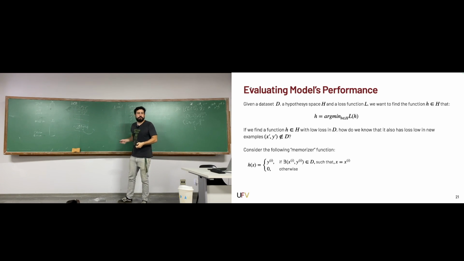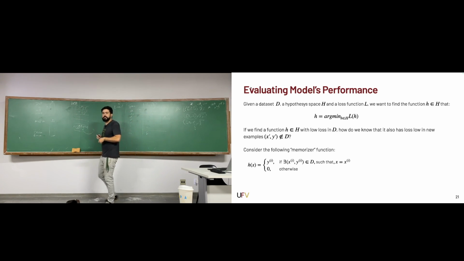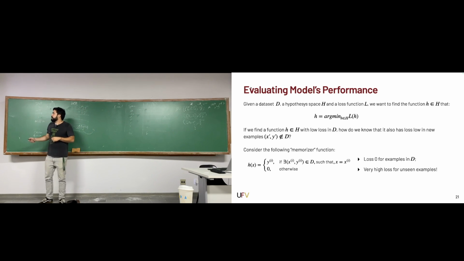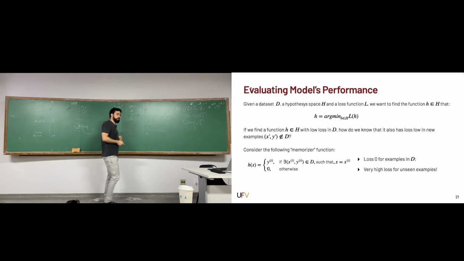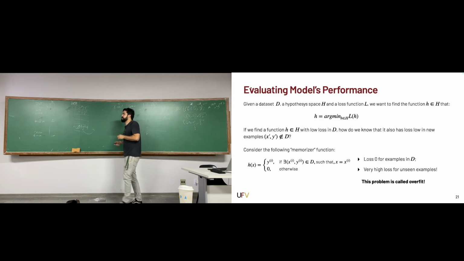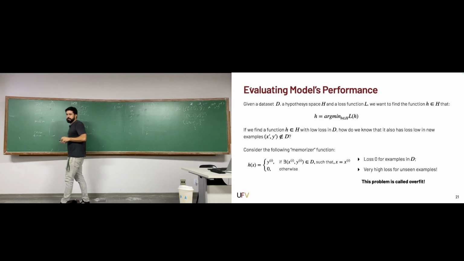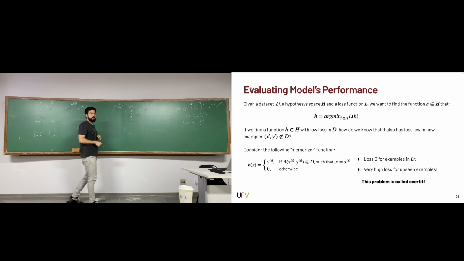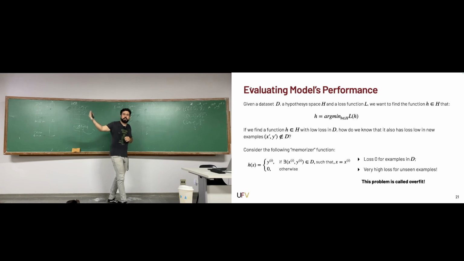And it has 0 loss in the training data, and very high loss for unseen examples. So that's not what we want. And in fact, we call this the problem of overfitting, because we are memorizing the training data, and we are not generalizing to unseen examples.